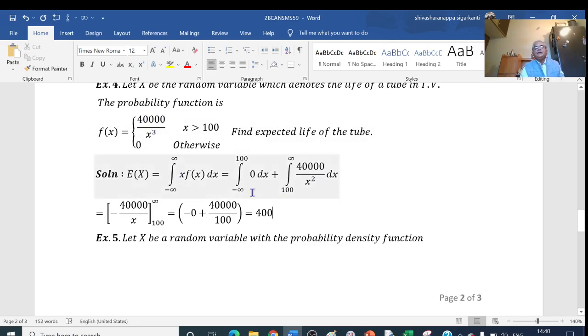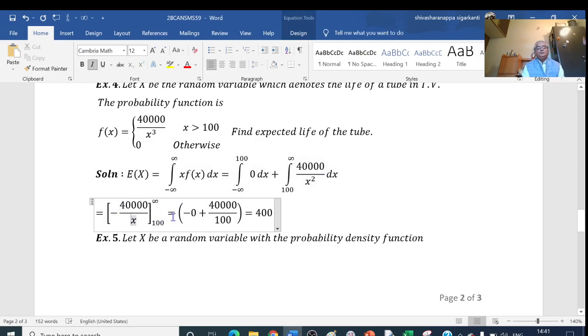See, the first integral has value equal to 0 because the function is 0 here, plus integrating this: 40,000 is a constant quantity, and for 1 by x square the integration is minus 1 by x. So this is minus 1 by x between 100 and infinity.